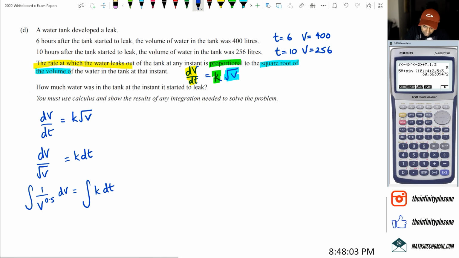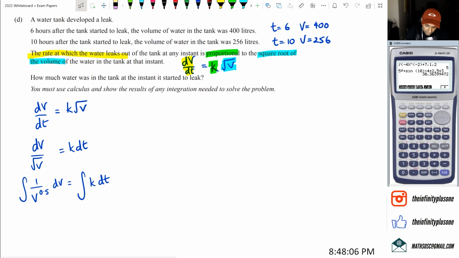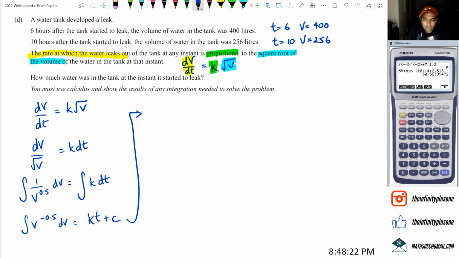I'm going to see if I can squeeze a little bit more out here. We're going to rewrite this as V to the power of negative 0.5 dV. And k dt, well, if I integrate k, I'm going to get kt plus c. Don't forget the plus c part. Now the integral of V to the power of negative 0.5: we go plus 1 to the power, divided by the new power, which is all equal to kt plus c.